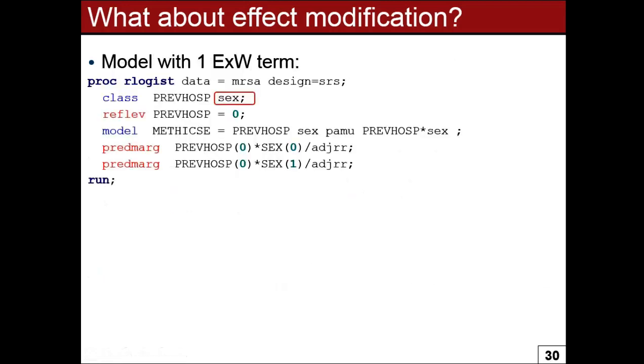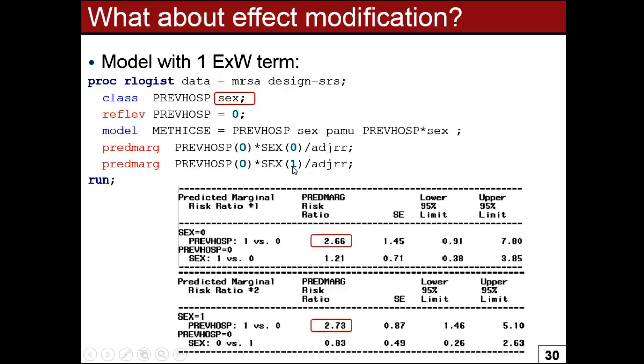So the code looks something like this. Here, what if there was effect modification with sex? So you have to put sex on the class statement. It won't work without it, like I said, it won't work with continuous variables. It has to be on the class line. And here is what the syntax would be for the risk ratio when sex is 0 and when sex is 1.